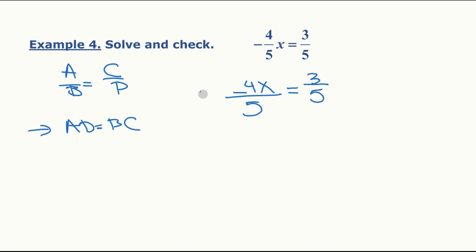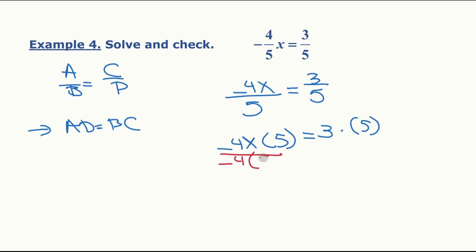Now we're going to go ahead and cross multiply, so we get -4x times 5 equals 3 times 5. Now we're ready to apply the division property of equality to get rid of the -4 times 5. Notice I didn't even multiply it out because it'll be easier to cross cancel if you don't.